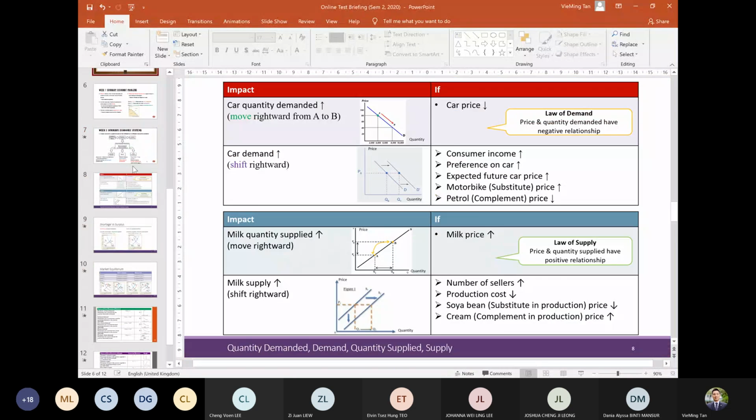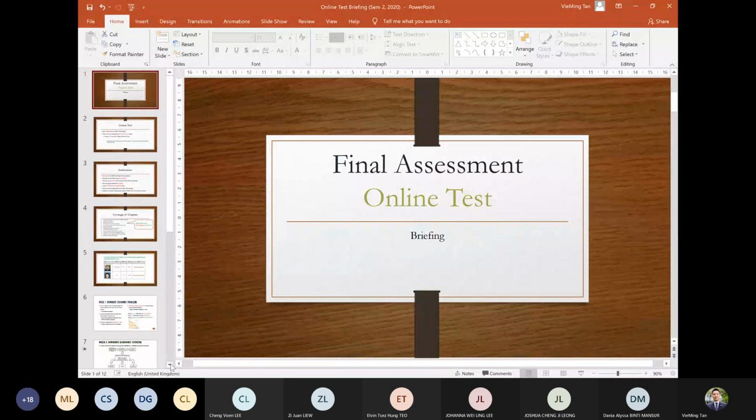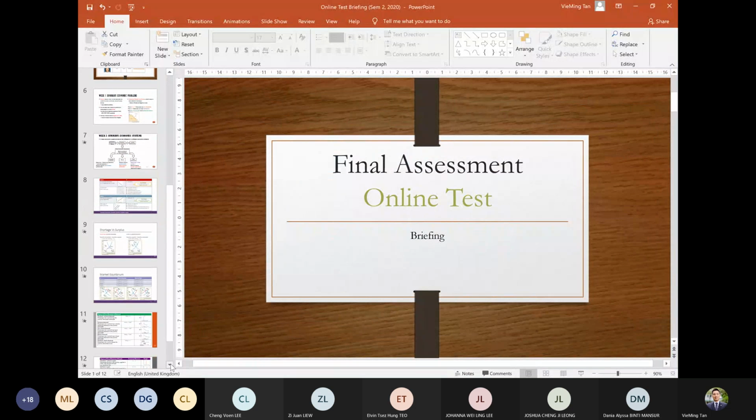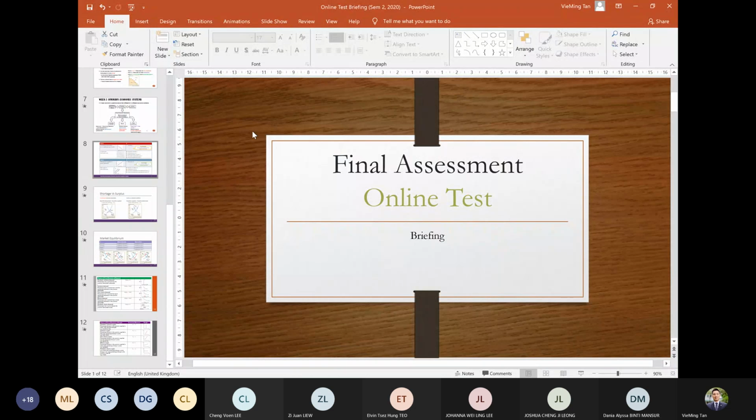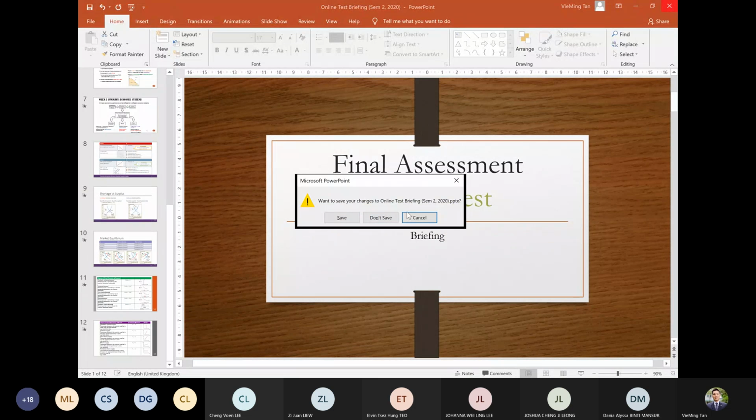Our slide suddenly moved to here again. Okay, let me close. It seems to have some problem with my PowerPoint slide. I need to close and then open again.